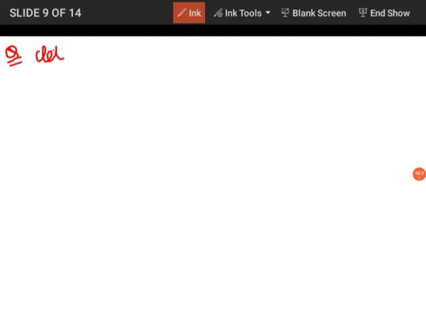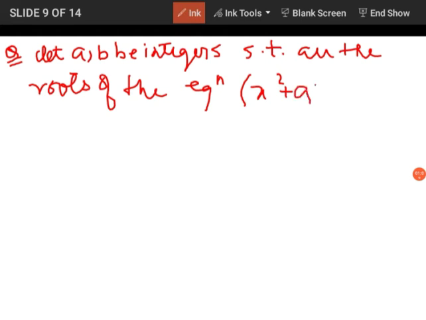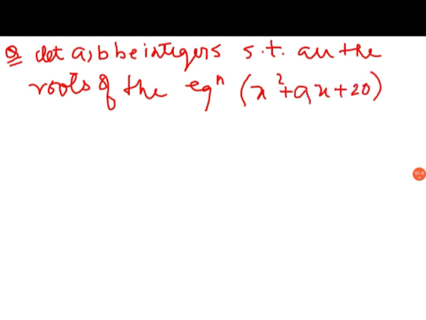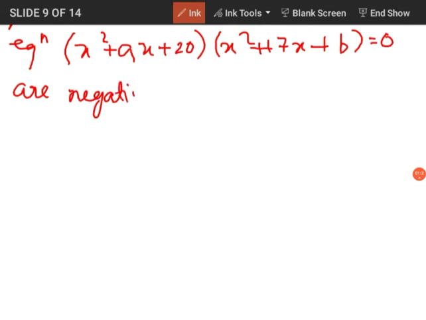So the question is, let a and b be integers such that all the roots of the equation x square plus ax plus 20 multiplied by x square plus 17x plus b is equal to 0 are negative roots.